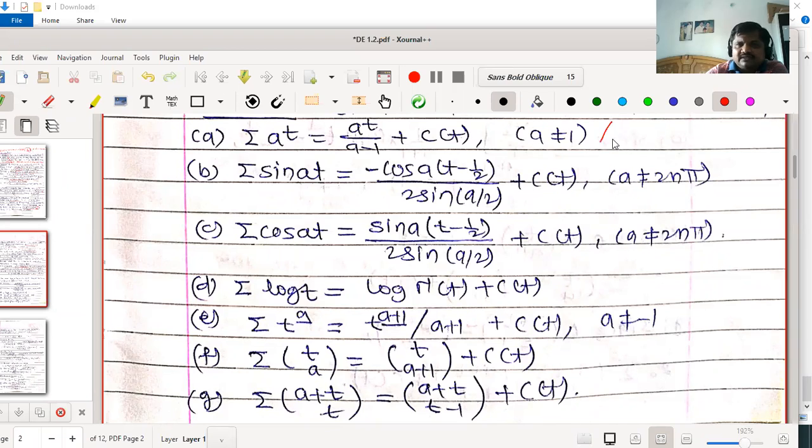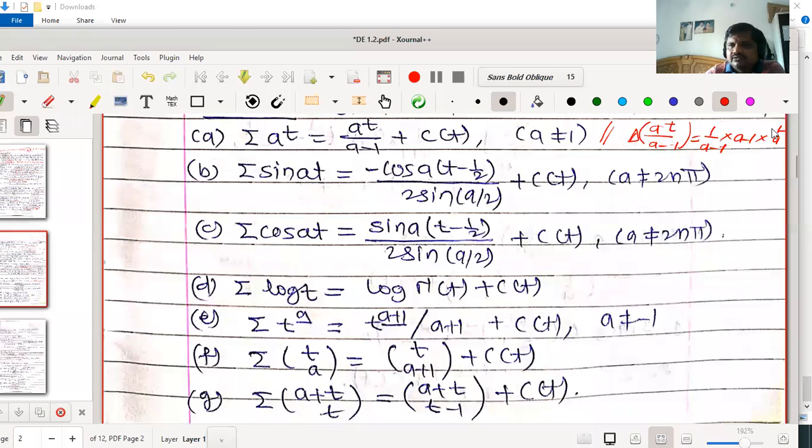This first one. What is the delta of a to the power t? We know that delta of a to the power t is (a minus 1) into a to the power t. So what will be delta of a to the power t upon (a minus 1)? This is equal to 1 upon (a minus 1) as it is into (a minus 1) into a to the power t, right?